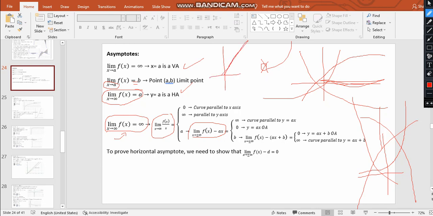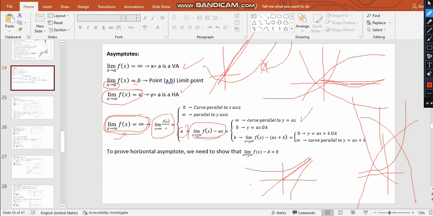What does it mean? If you're graphing, it will become parallel to this one. When you do f(x) over x, you have a number. However, when f(x) minus ax equals infinity, it's parallel to y = ax. If it's equal to 0, in that case y = ax will be an asymptote.